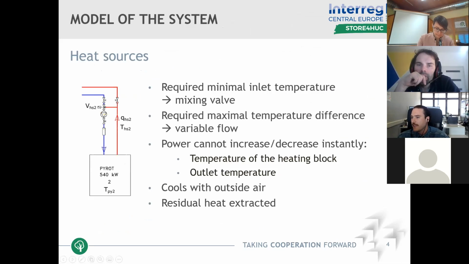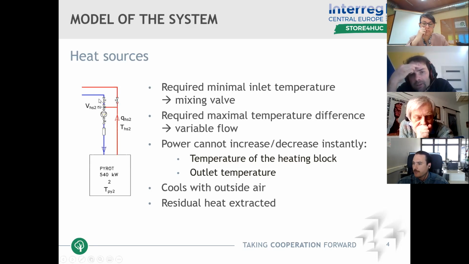Then we have heat sources as the second part of the system. So here there is a mixing valve. When this valve is fully open, so the straight line is fully open and this line is fully closed, it will take water from the bottom of the storage, heat it up, and return it to the upper part of the storage tank. And the whole flow going through the boiler will also go through the tank. But these boilers have a minimal required inlet temperature.